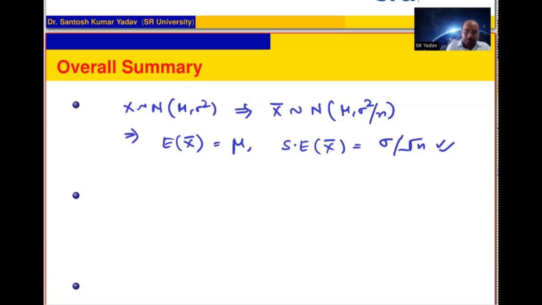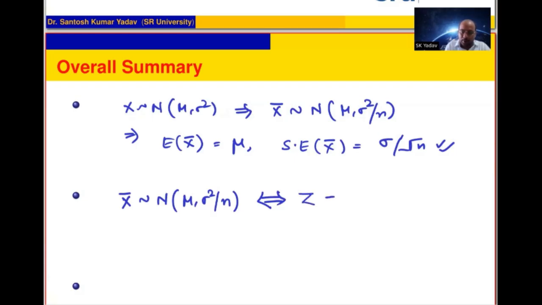And secondly, what we have seen using the central limit theorem is that x bar will follow normal with mean mu and variance sigma square by n. Because x bar is normal, we can use Z as the standard normal variate, that is x bar minus mu divided by sigma by root n. This variate will follow a normal distribution with mean 0 and variance 1.